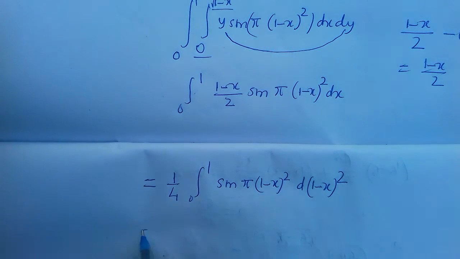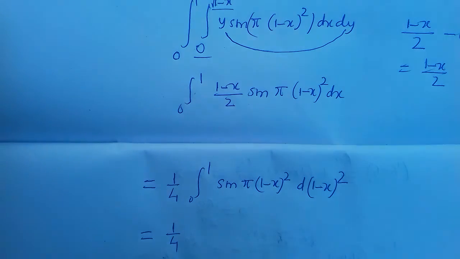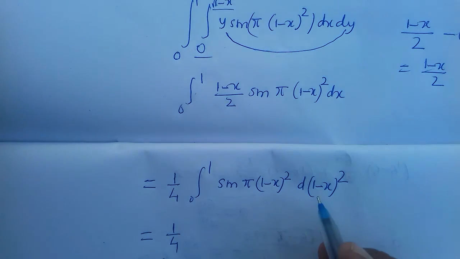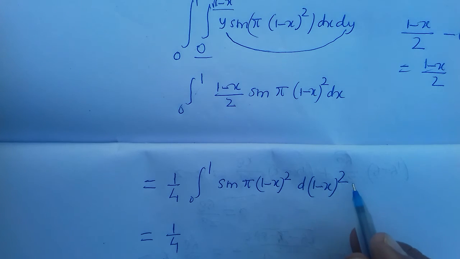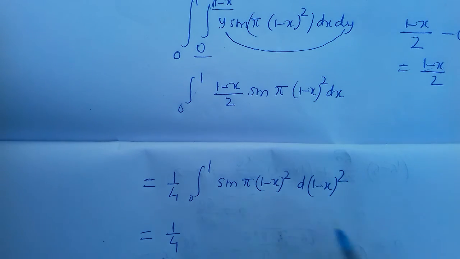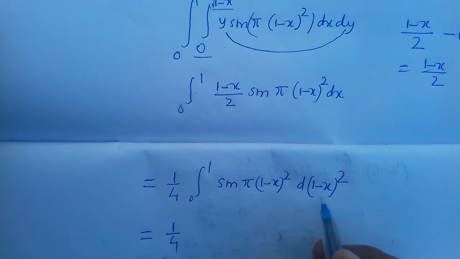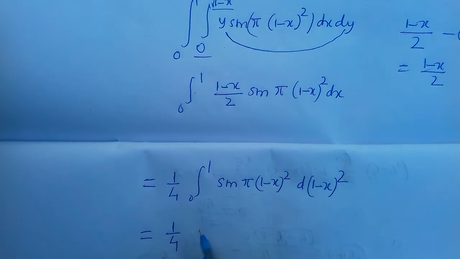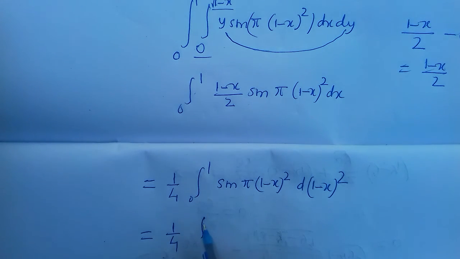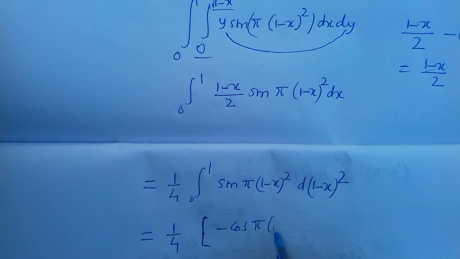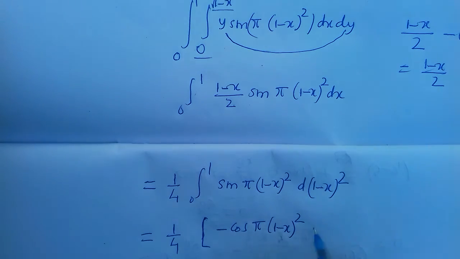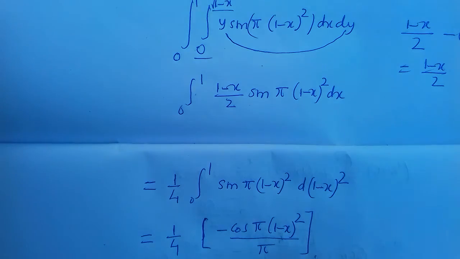And the integration of this can be done if you assume (1 minus x) to the power 2 as z, then this will be sin pi z dz. Very easy. So this will be minus cos pi (1 minus x) whole square by pi, and the limit is from 0 to 1.